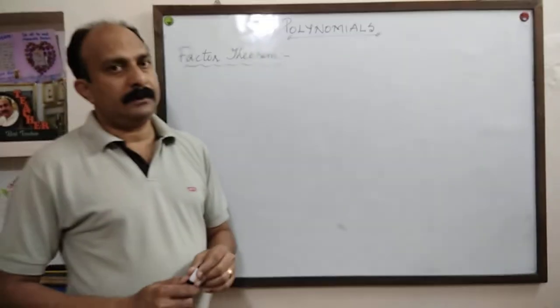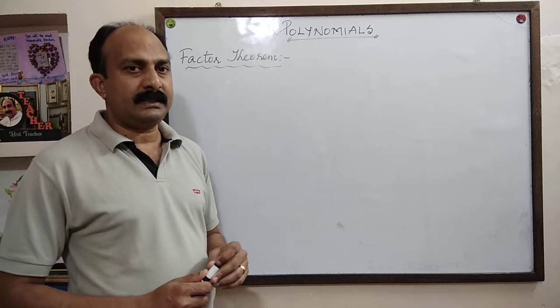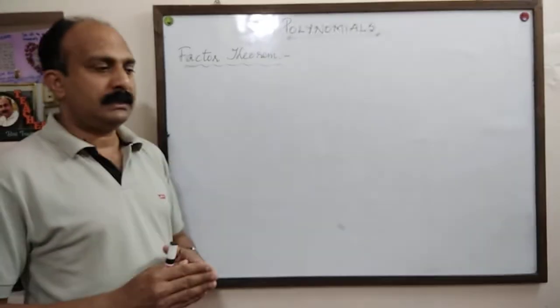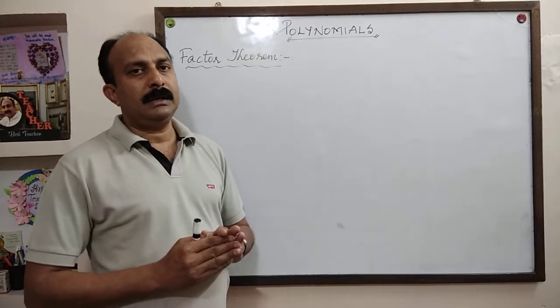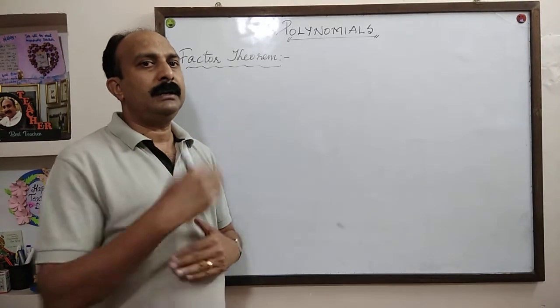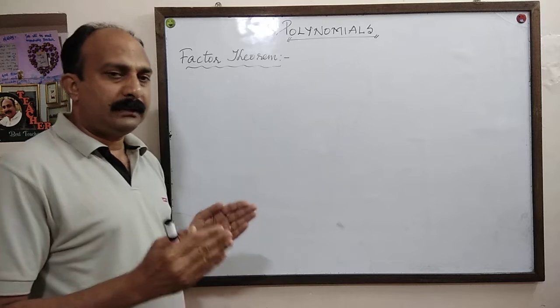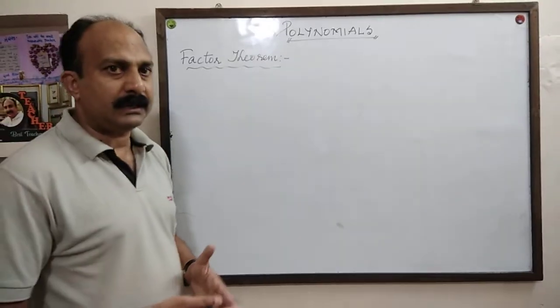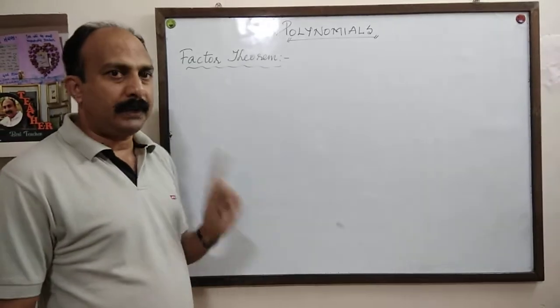What is factor theorem? You might have noticed the last question of the previous exercise was to check whether a given polynomial is the factor of the given polynomial. A p(x) was given and another polynomial was given, say g(x). Then we were asked to find out whether g(x) is a factor of p(x).